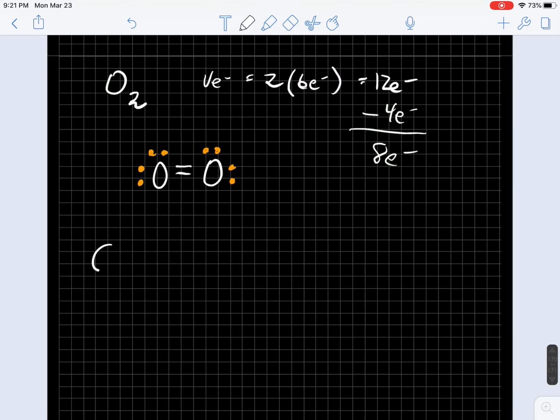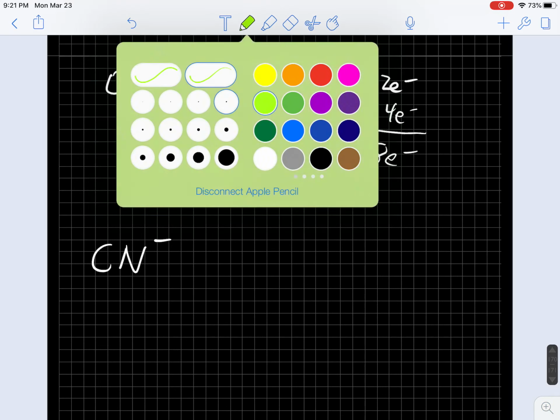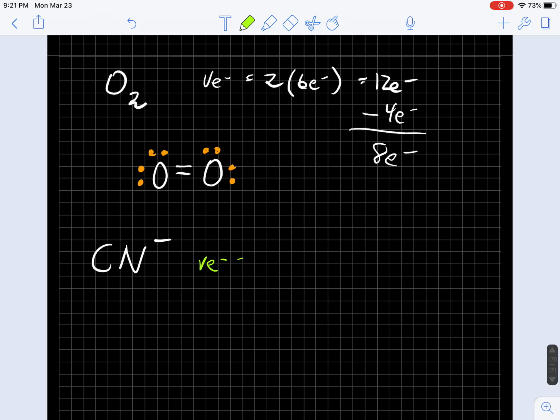Okay, second example. Suppose you're dealing with a polyatomic ion, like cyanide. You're going to treat it the same way you would a regular molecule, except you have to account for the charge. In other words, when I do my budget of electrons, carbon's in group 14, nitrogen's in group 15, and then you add 1 for the charge.